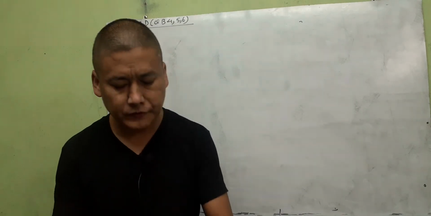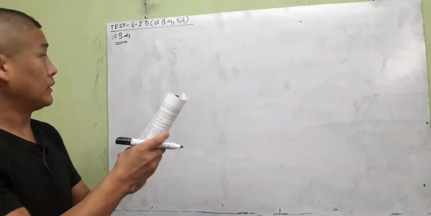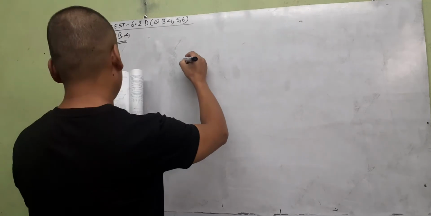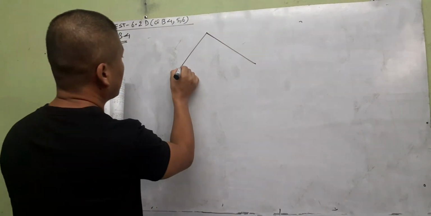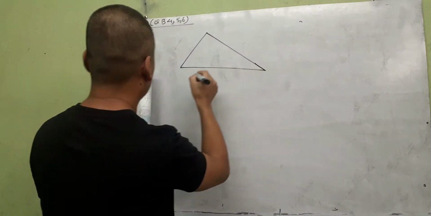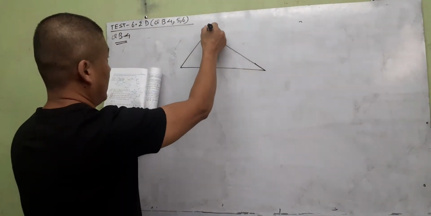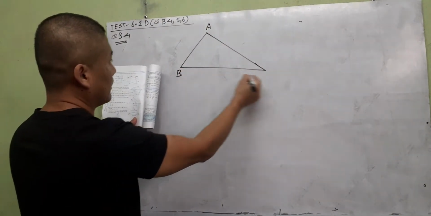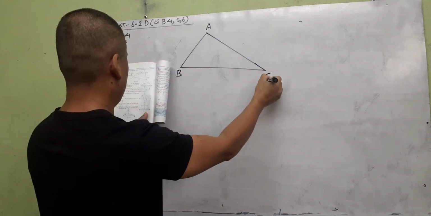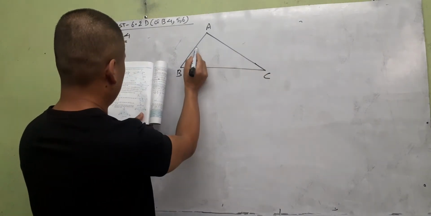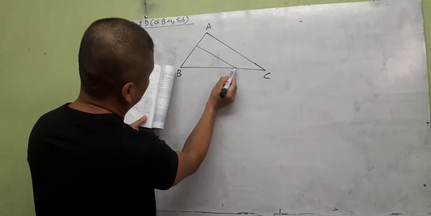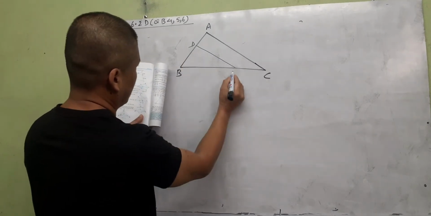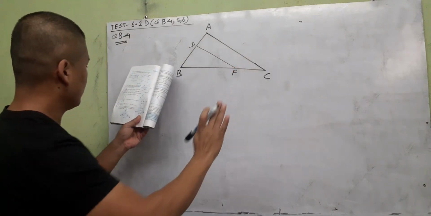There is a figure given to us, so let us draw that figure first. As you can see on your notebook, something like this is given to us. Here A, B, C, and this line DF is parallel to AC.